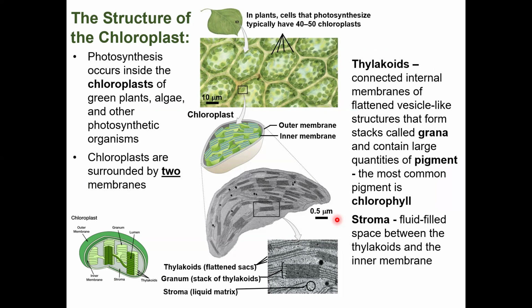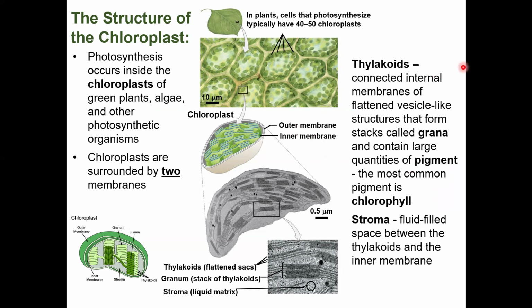This is where photosynthesis occurs in the leaf of green plants or algae or other photosynthetic organisms. So chloroplasts have two membranes, the outer and the inner membrane, like mitochondria.